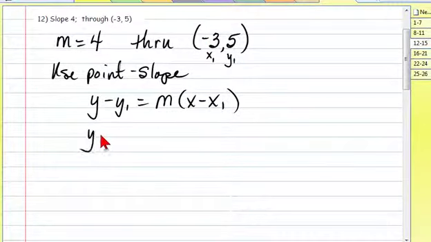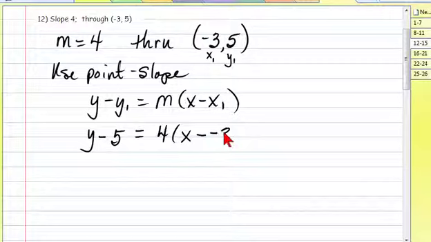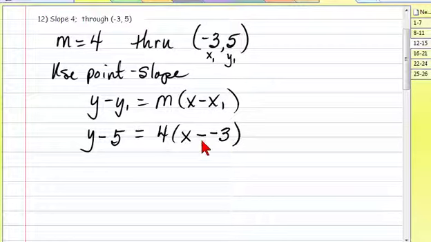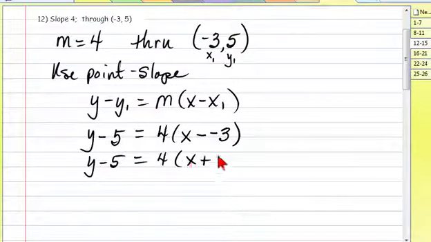So I have y minus 5 is equal to 4 times x minus negative 3. You need to be real careful when one of your coordinates is negative. What do we do when we've got minus minus? Make it plus. I'll take a step to do that. Y minus 5 is equal to 4 times x plus 3.